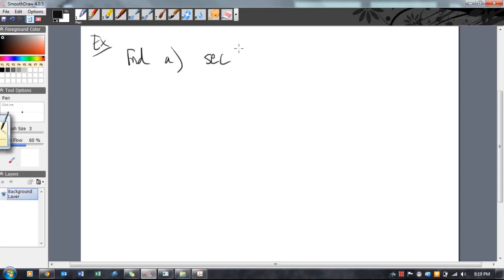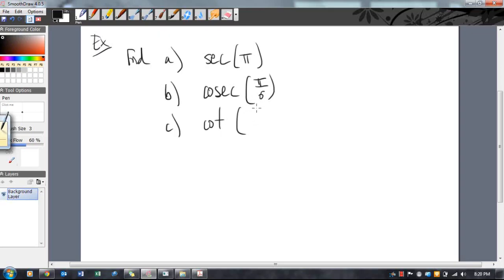Let's do sec of pi, and let's do cosec of pi on 6, and let's do cot of 3 pi on 4.